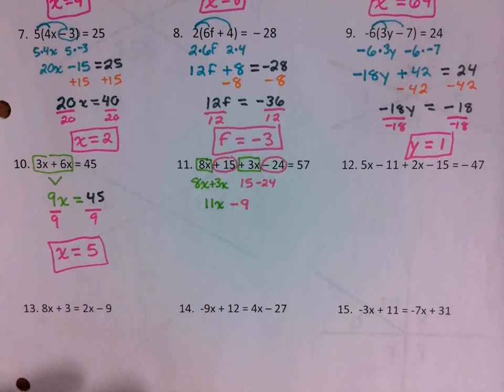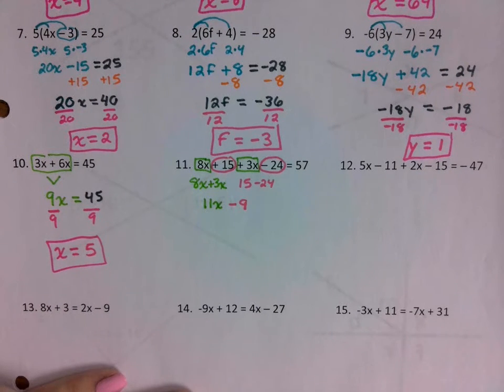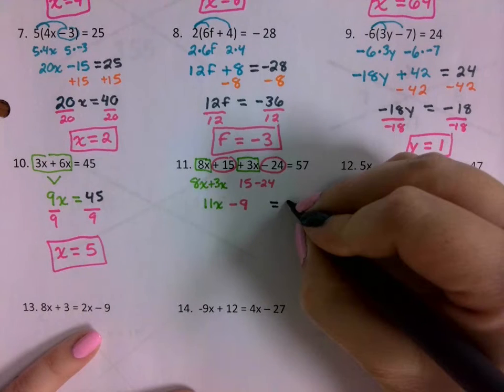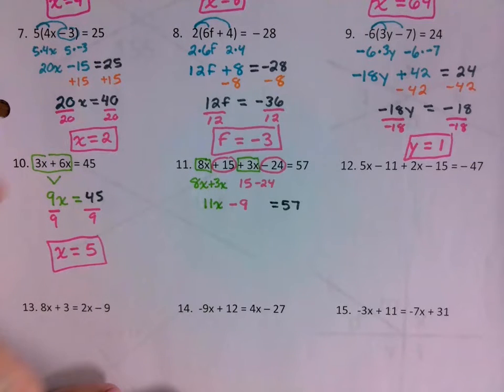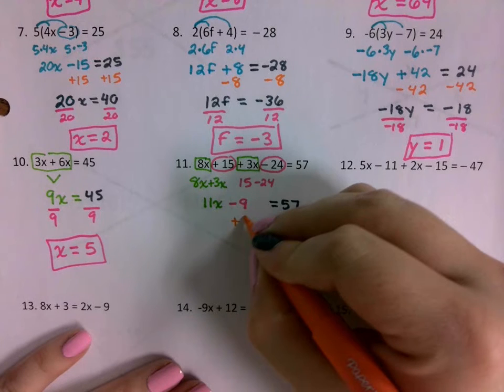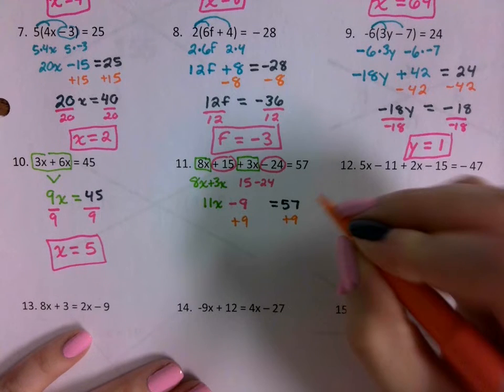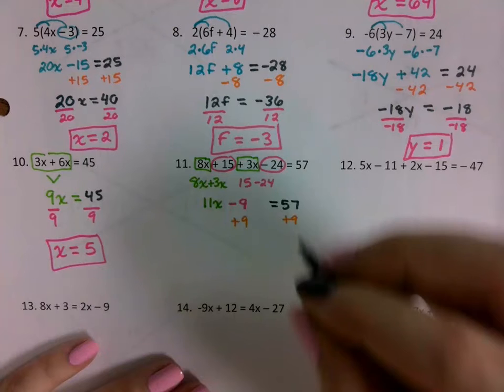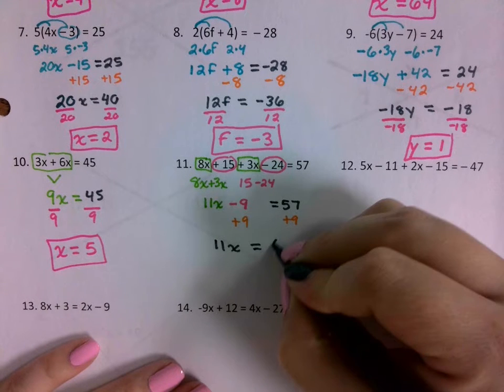And then that's going to be set equal to 57. We would then go ahead and add 9 to both sides. That would give us 11x is equal to 66. And then you would divide both sides by 11.